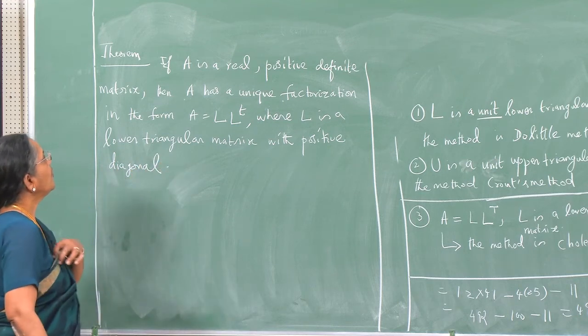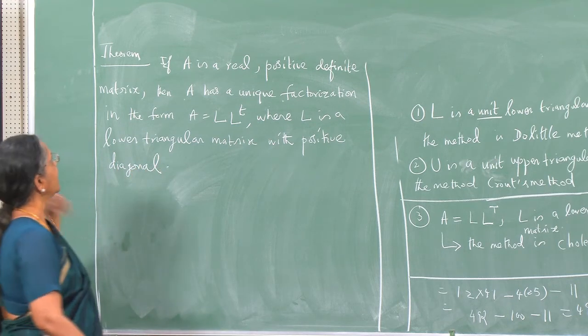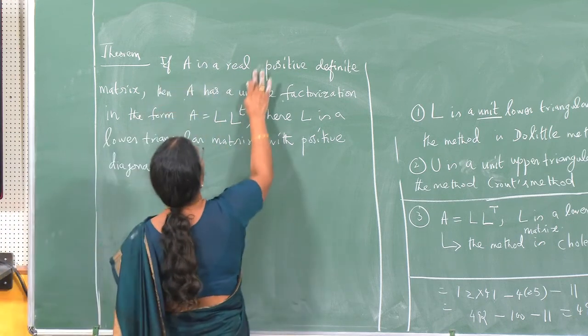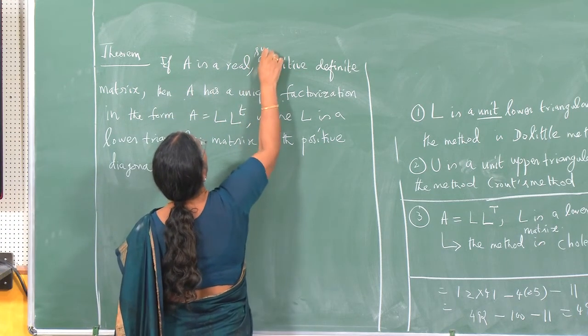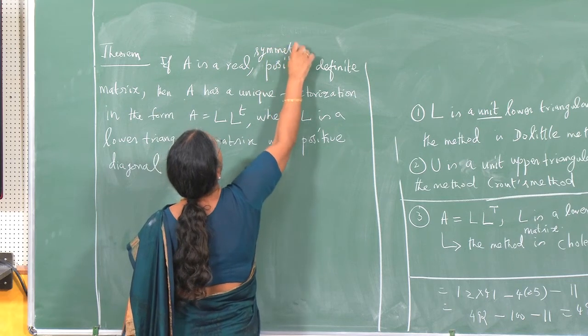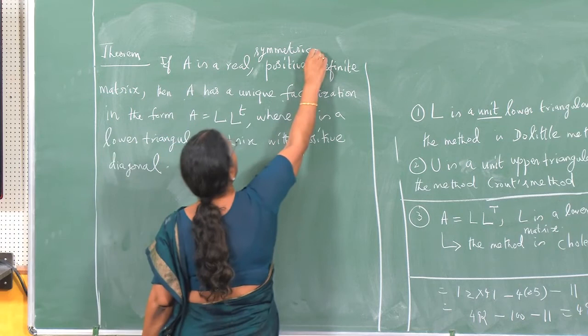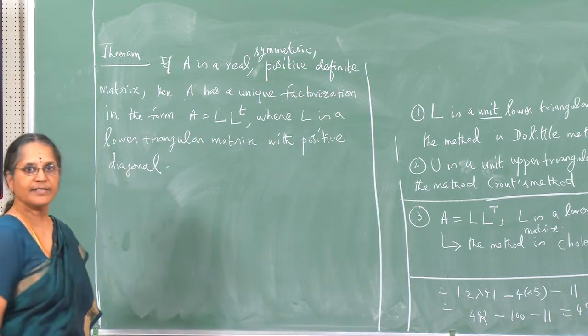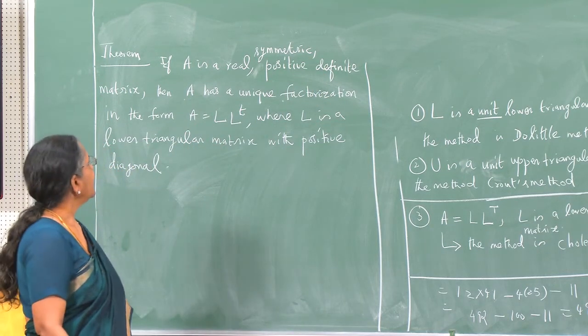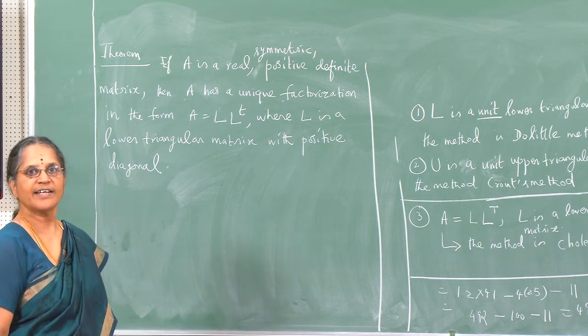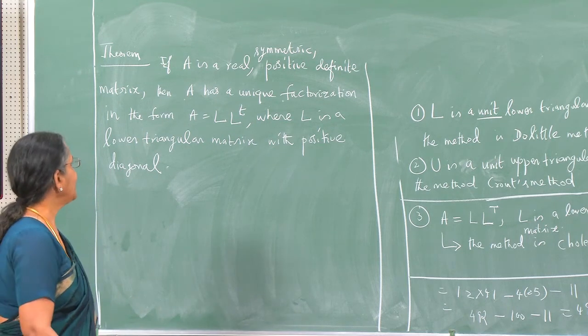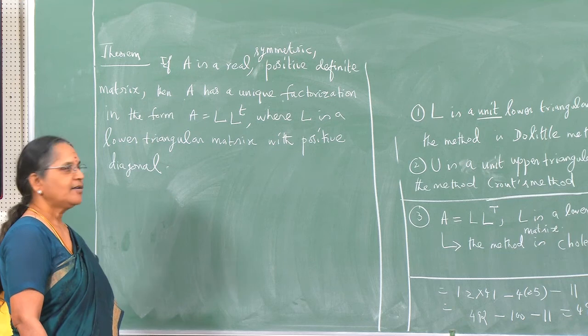So, what are the conditions which are given? A is real, so it is also a symmetric matrix. A is a real, symmetric, positive definite matrix. Then A has a unique factorization of the form L into L transpose. What is L?